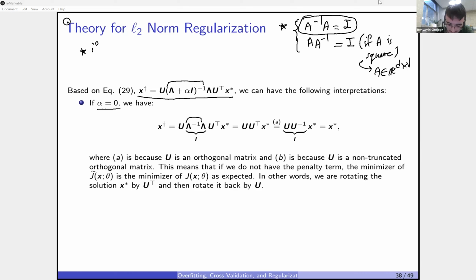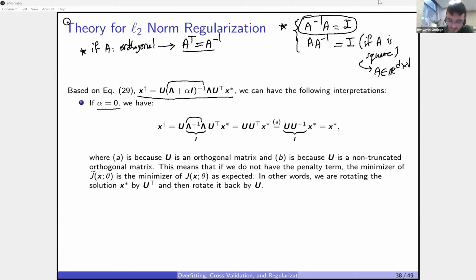However, if A is orthogonal, what do I mean by orthogonal? In an orthogonal matrix, the columns of that matrix are orthonormal. It means that their lengths are 1 and they're perpendicular to each other. The inner product of every two columns is 0. So if A is orthogonal, then A transpose equals A inverse.